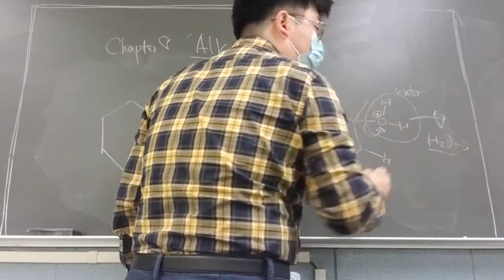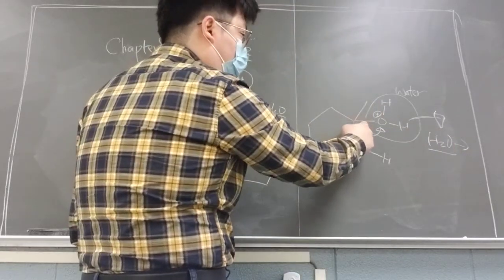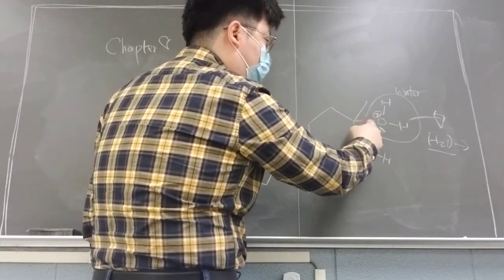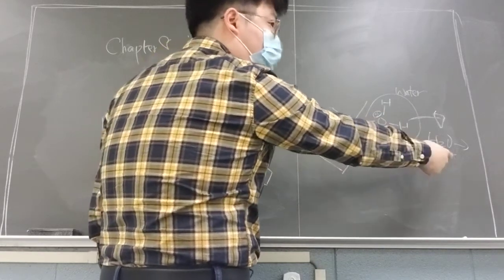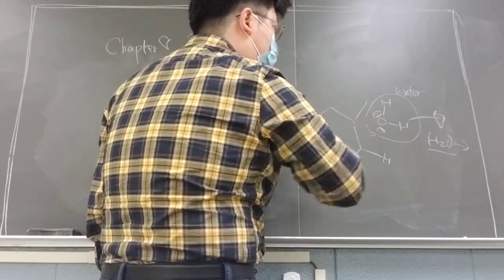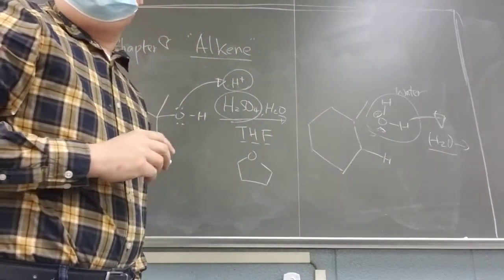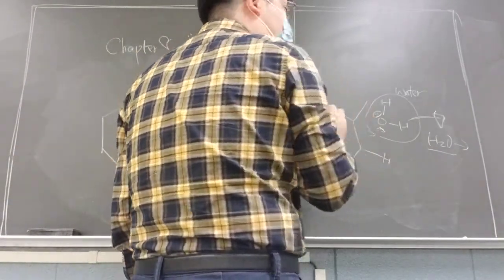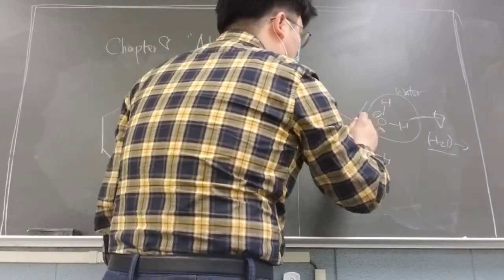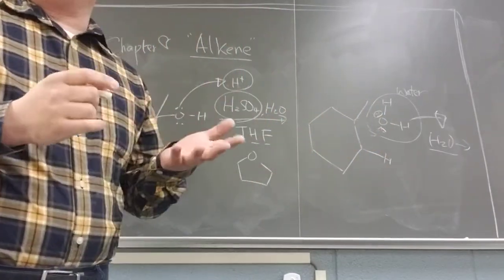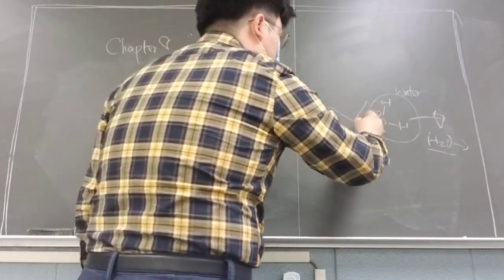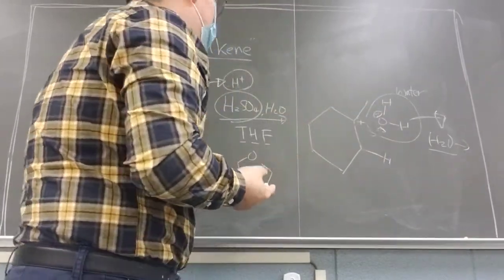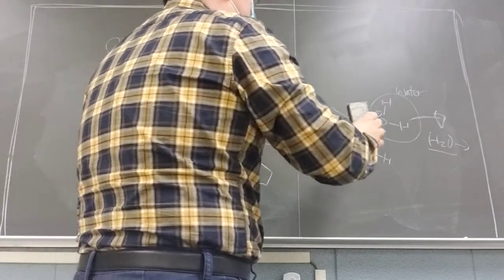They're breaking the bond here, taking one pair of electrons to there, so they can be neutral. Makes sense, right? Good. Once again, you don't have to know the mechanism. I'm just doing this for your better understanding. You just need to know what might be the outcome.